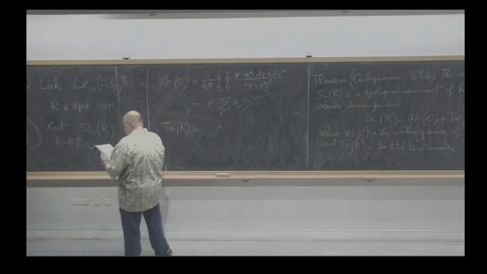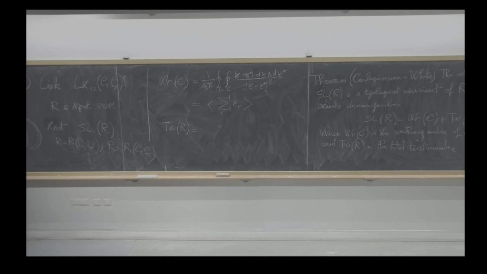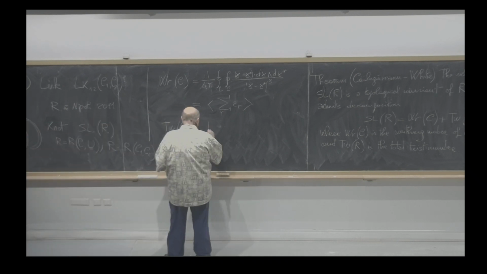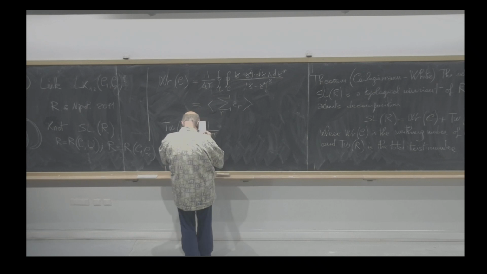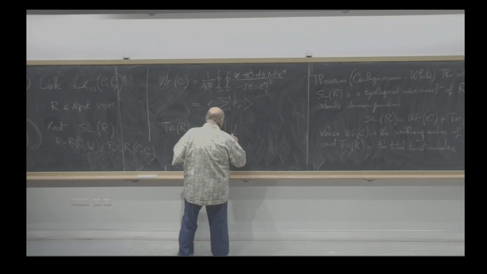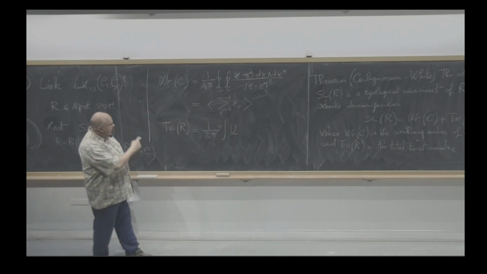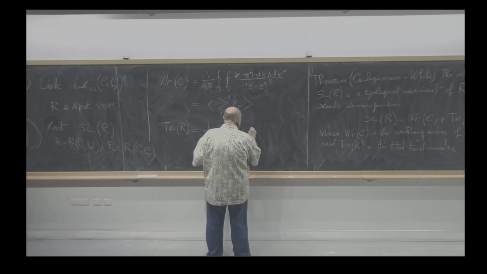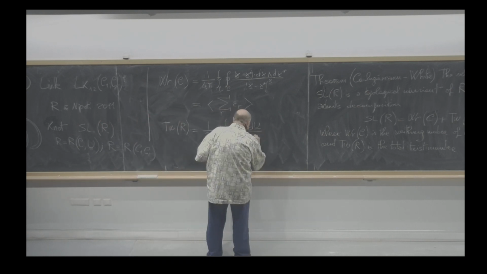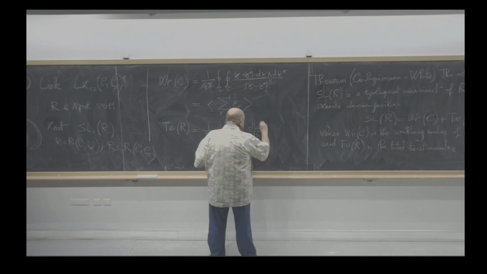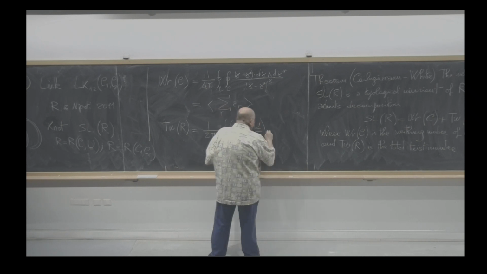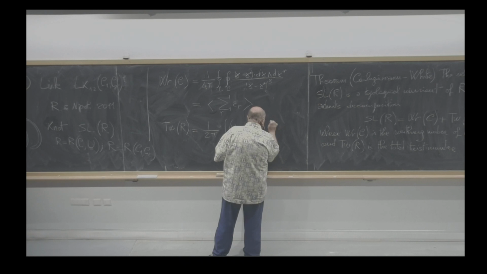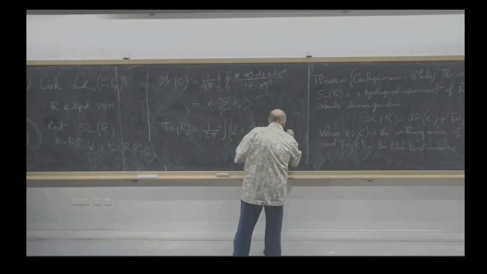And the twist of the ribbon has an expression that we can inherit from Love's book on elasticity: 1 over 2 pi, and we have u, a normal unit vector to the center line, cross, if you like, du ds along the arc length, and then you use the dot product with the tangent t on the curve, ds.